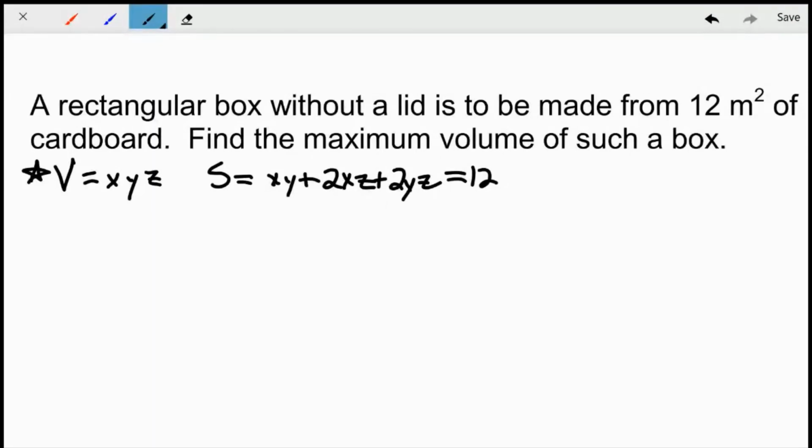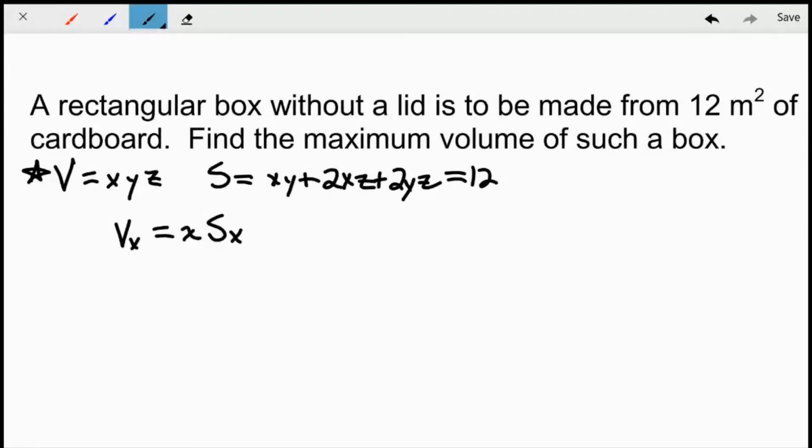So now let me go through, and remember, we know that the gradients are scalar multiples of each other, so my x partial has to be a scalar multiple of the x partial of that area function.